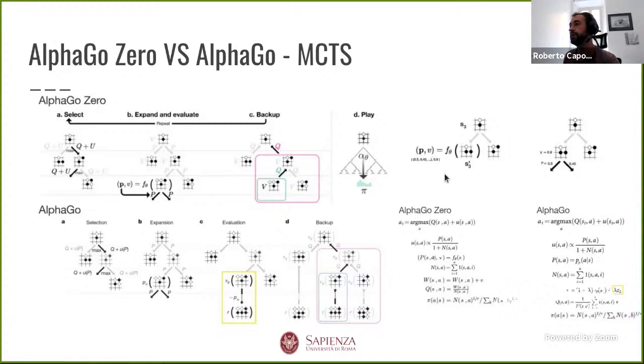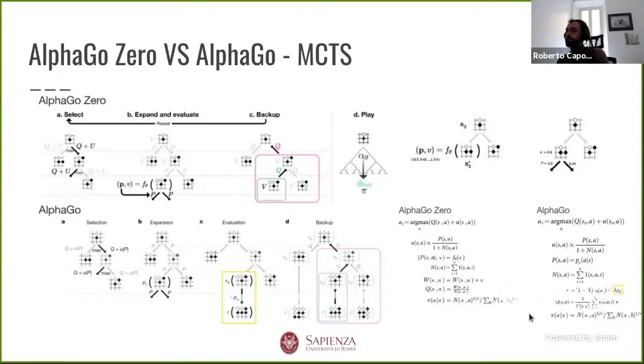So for each action, that allows us to determine what is the probability that the tree should be visiting a certain action compared to another one.